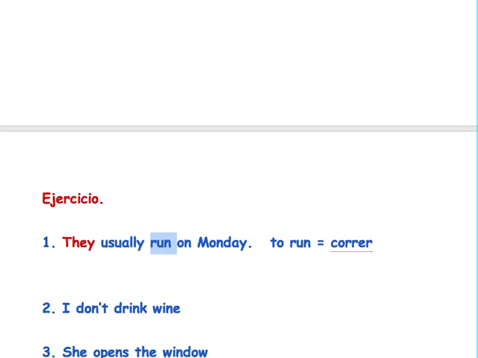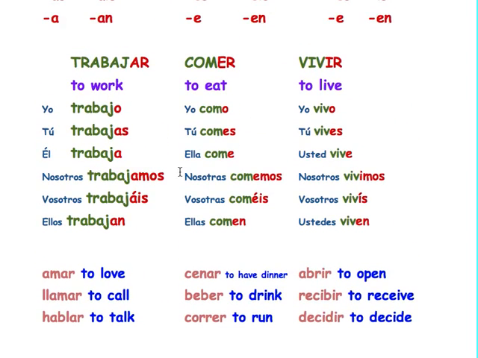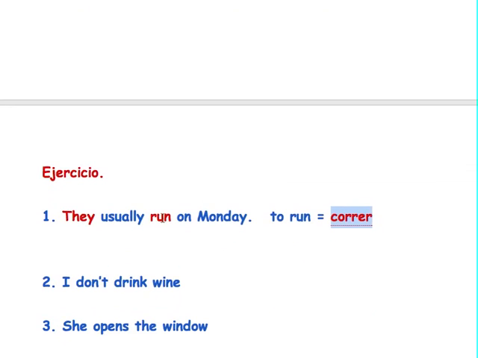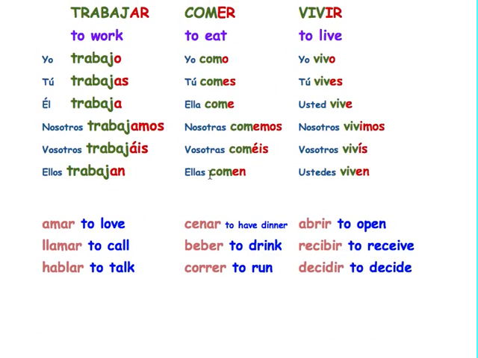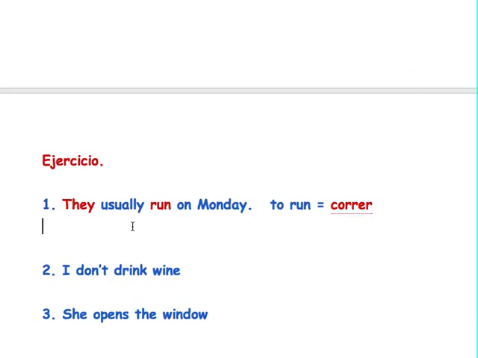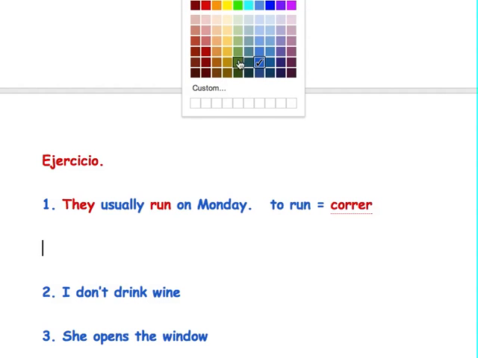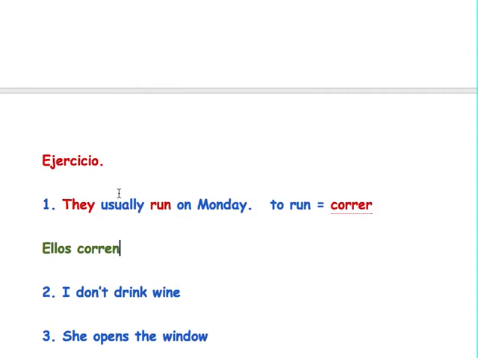If we check our conjugation, ellos corren. They usually run. Ellos corren normalmente los lunes. On Monday. Ellos corren normalmente los lunes.